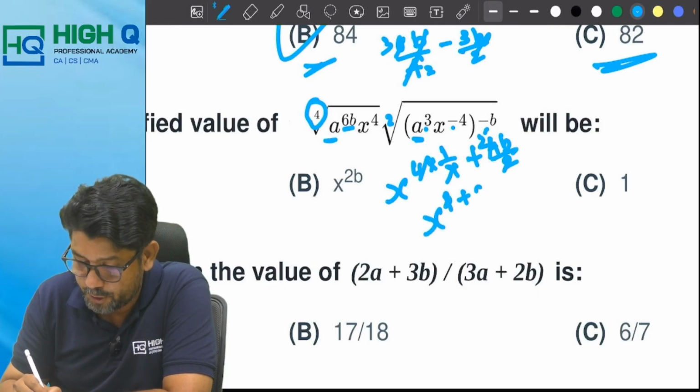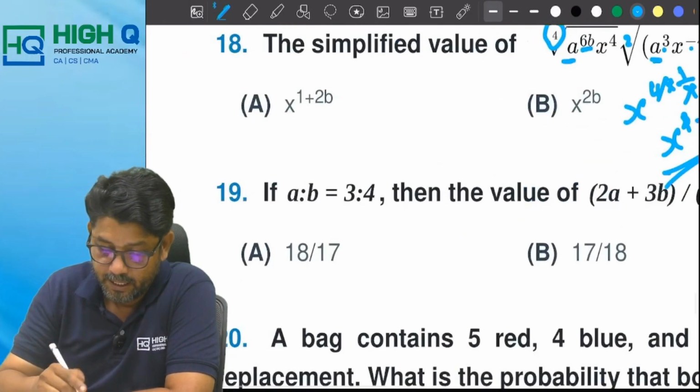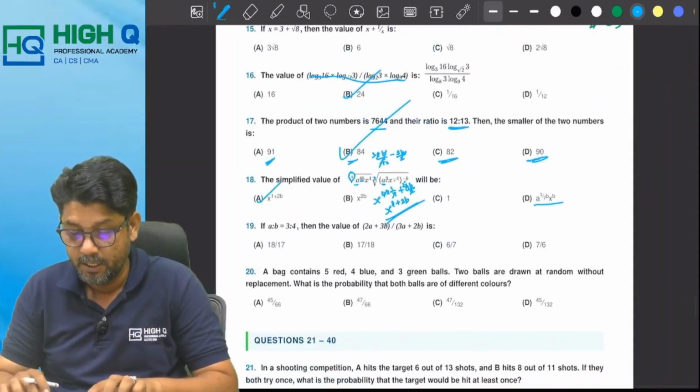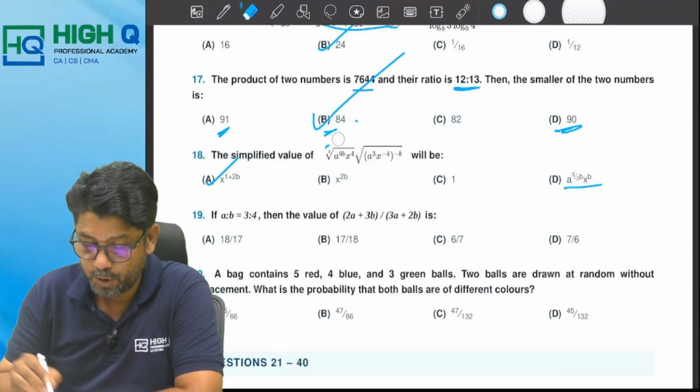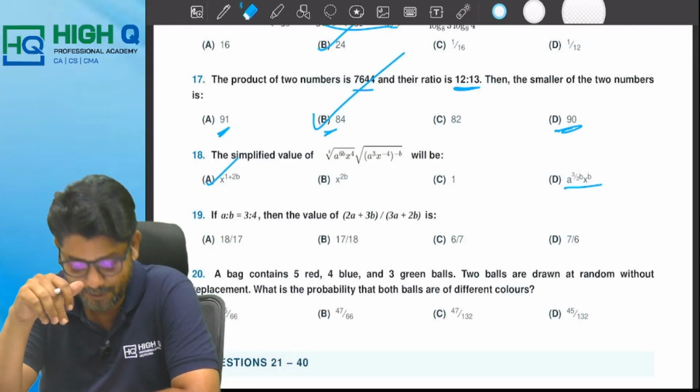So we can have x power 1 plus 2b. Is that right? Let everyone follow the actual method. If you have no idea, we can use this direct shortcut method, my dear. Directly we can do it.